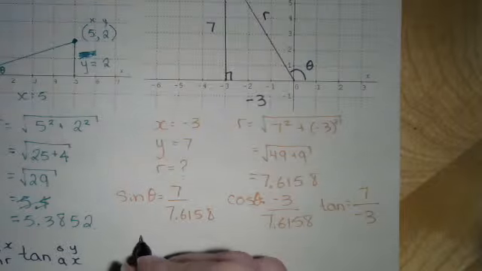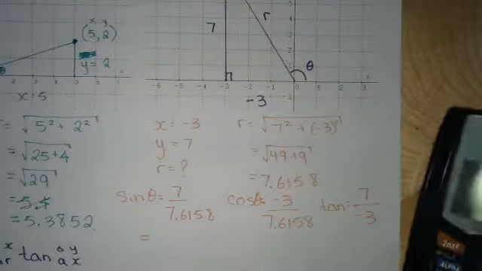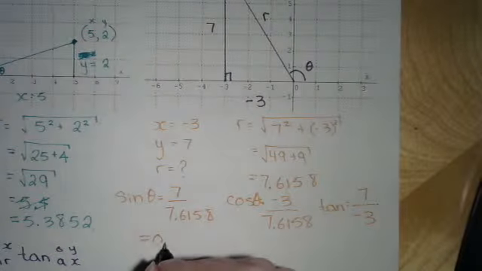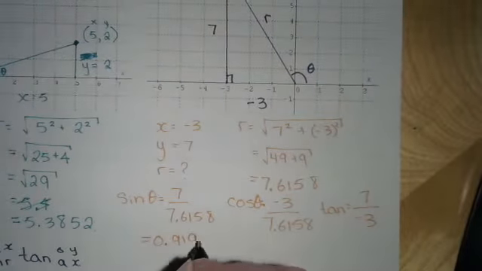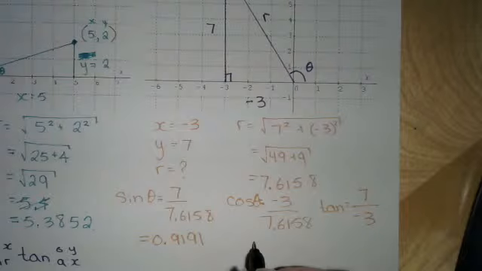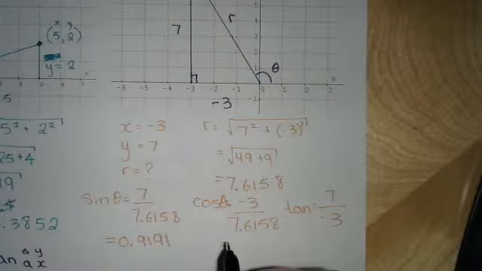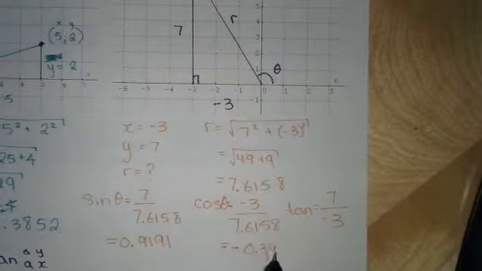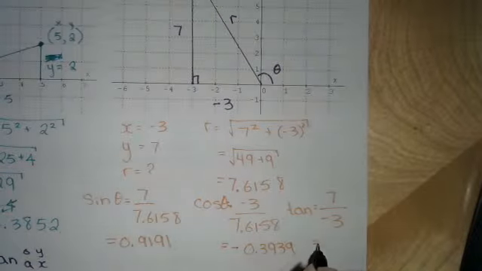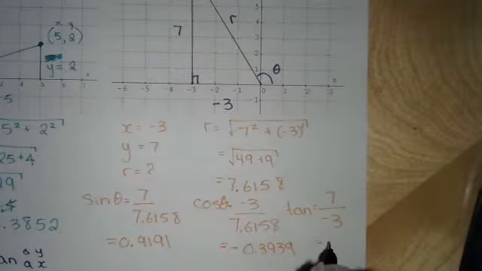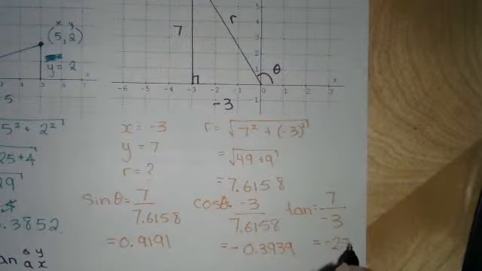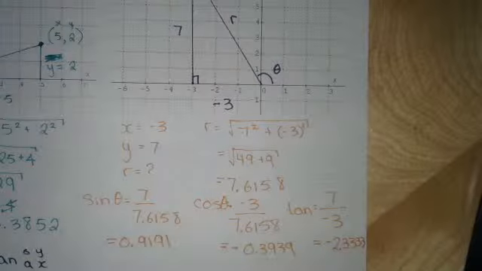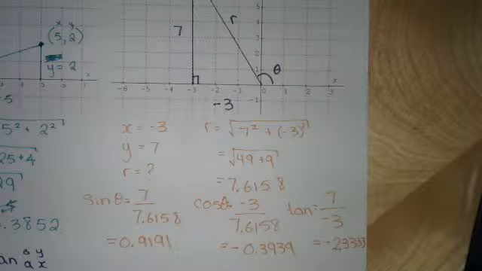So if we calculate these, 7 divided by 7.6158 is 0.9191. Negative 3 divided by 7.6158 is -0.3939, and tan, this one's also negative, -2.3333. I ran out of room. I try to leave enough room.